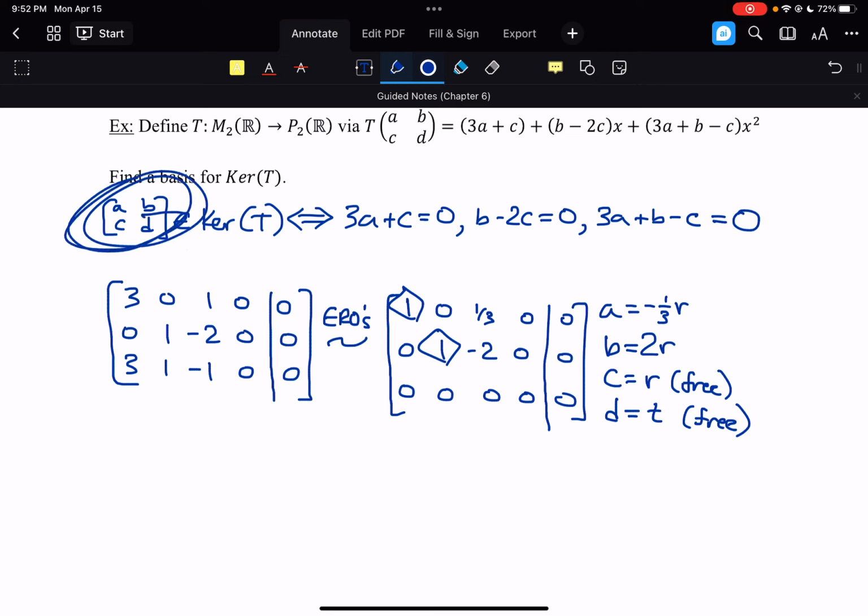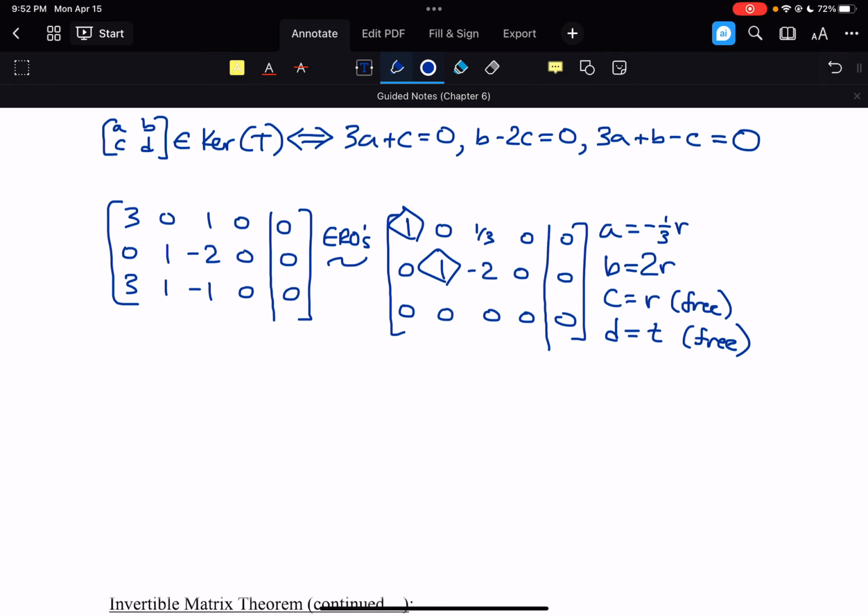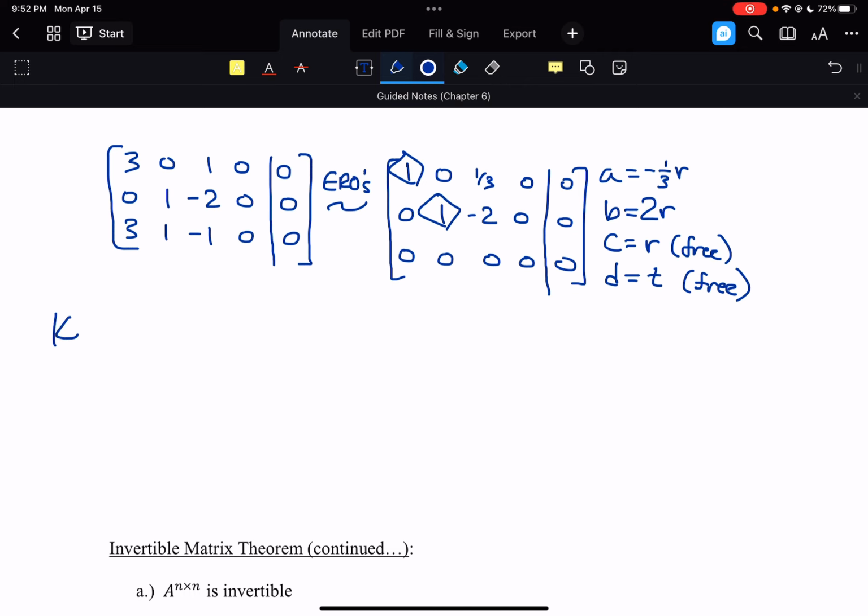Every 2 by 2 matrix that transforms to 0 has components that look like this. So the kernel of T is going to be the set we have here: negative 1/3 R, 2R, R, and T.